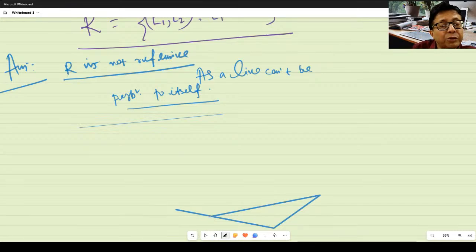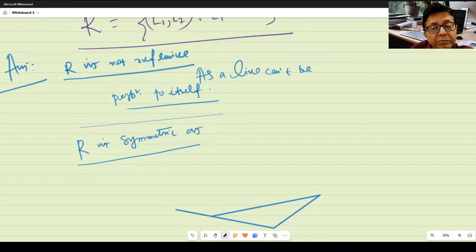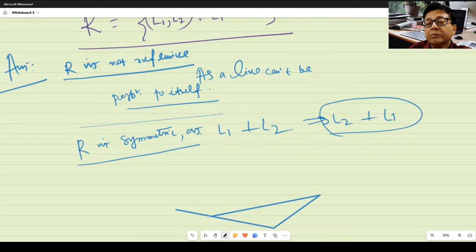Okay, so your comment will be like this: R is symmetric as L1 perpendicular to L2 implies L2 perpendicular to L1. This is true for any two perpendicular lines. So if (A, B) is there, L1, L2 there, then L2, L1.